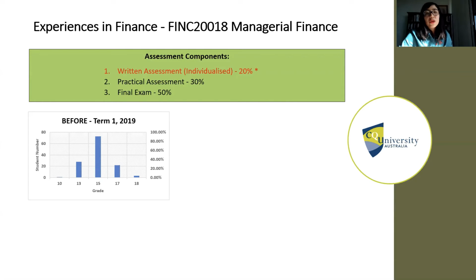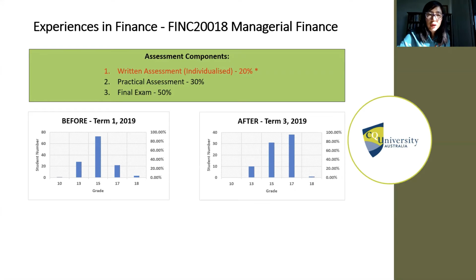We compare the student mark results before and after application. Before application in Term 1 2019, when we used the traditional assignment method where all students have the same data and produce the standard answer, more students received 15 out of 20, distinction, which is not bad.